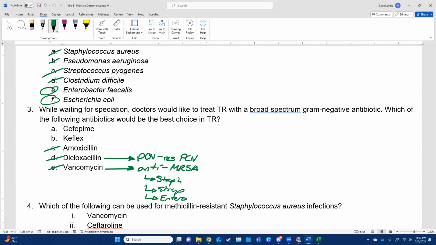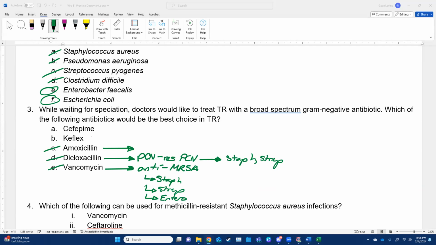Yep. So that means that what is dicloxacillin normally going to be working on? Anti-staph, strep. Staph and strep. So gram positive. How about amoxicillin?